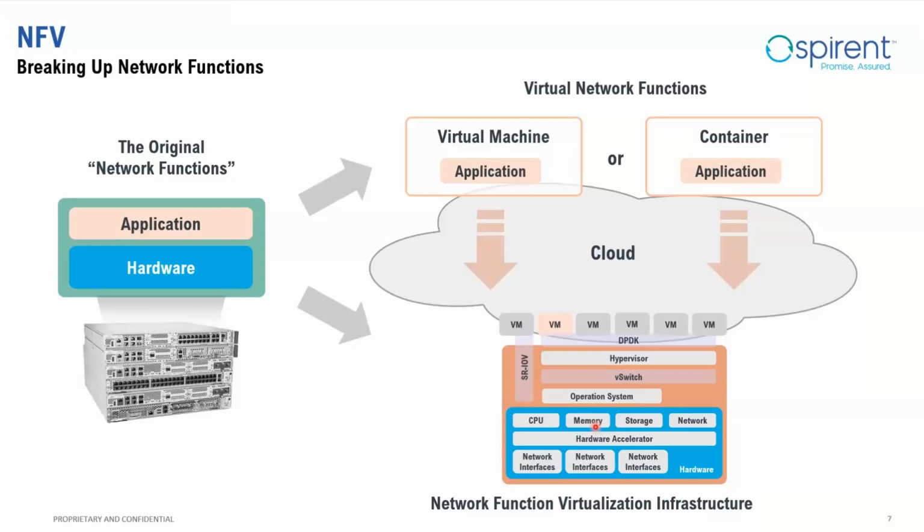Now that's getting used to implement the virtual applications of the telco. That can be container applications or the VMs, the virtual applications. So this separation of application and hardware is called NFV, Network Functions Virtualization. So that's all. This is all about NFV.